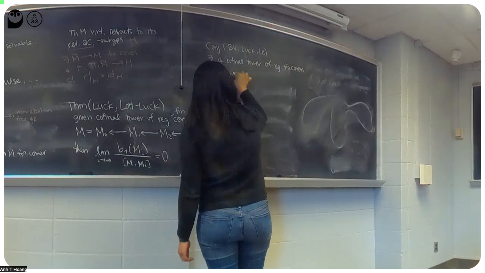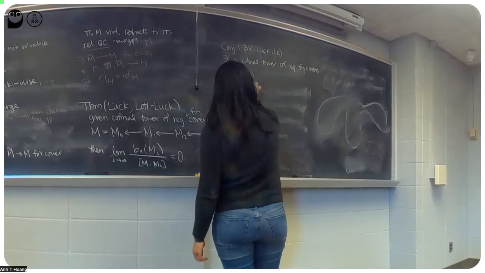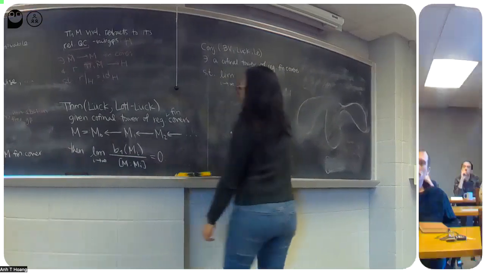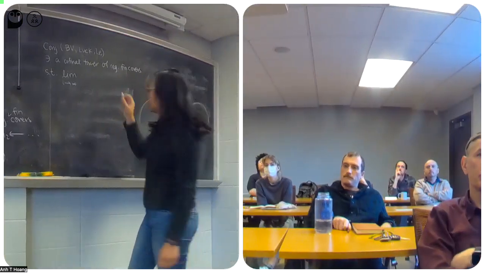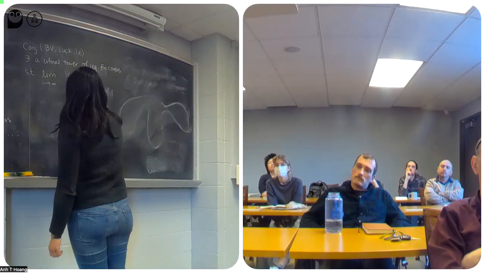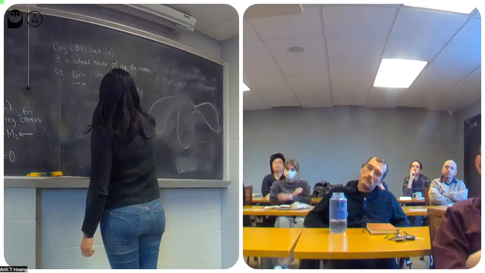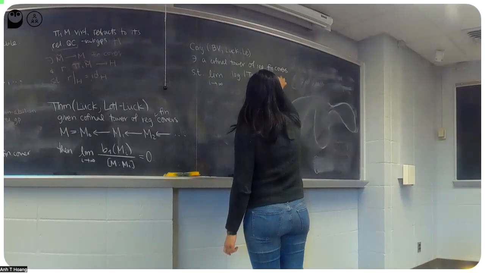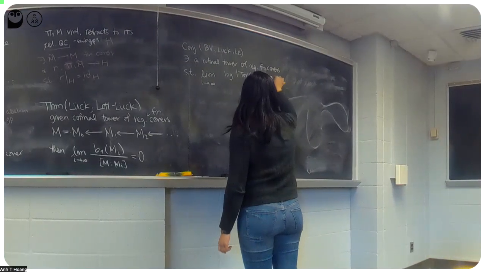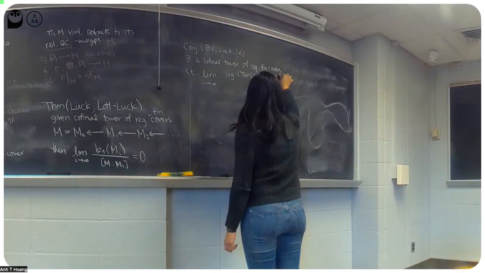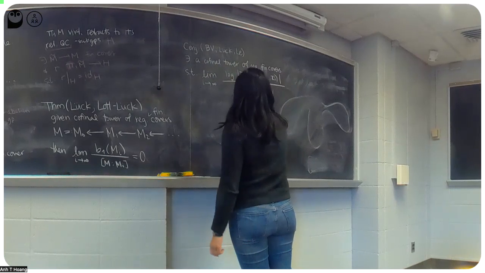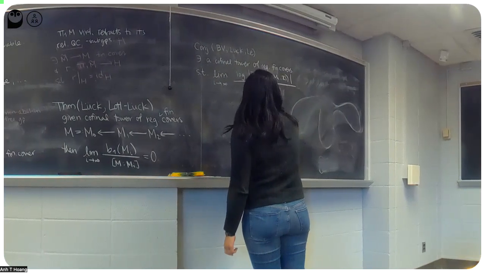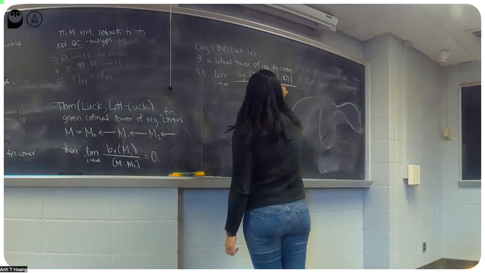again, if I look at the limit as i goes to infinity, but instead of the first Betti number, here I'm going to look at log of the size of the torsion in H1 over the degree of the covers.